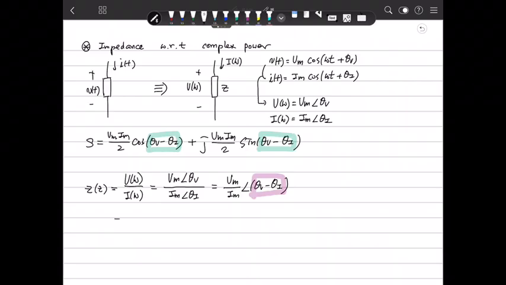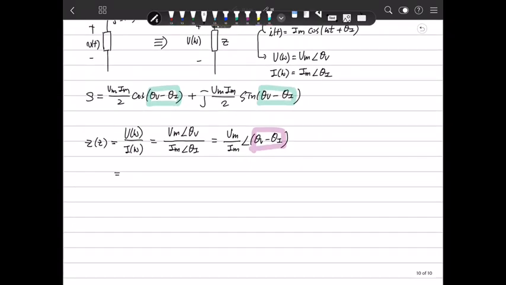So this impedance can be represented in rectangular form. There will be Vm over Im cosine(theta V minus theta I) plus j Vm over Im sine(theta V minus theta I). As you know, this is like P plus jQ.